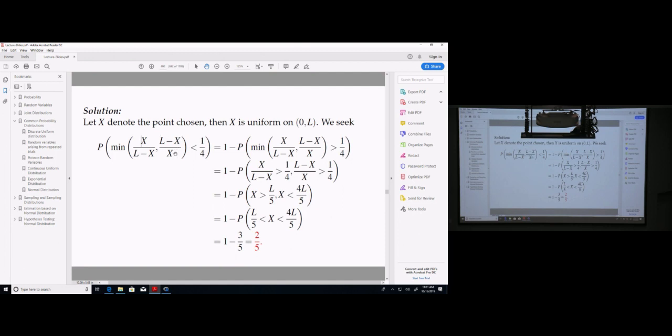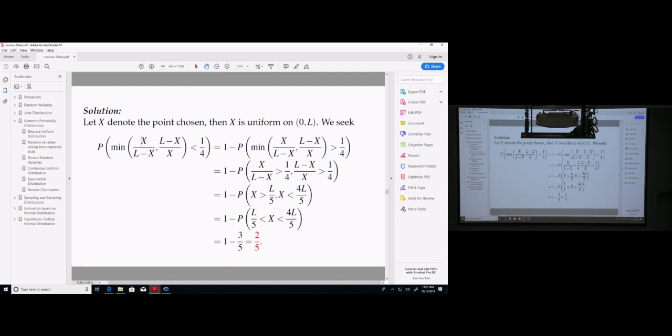Now another trick, a mathematical trick here. To calculate the minimum being less than a certain value is very difficult, because it might be that this is less than here or this is less than here. There might be some overlap between the two events.